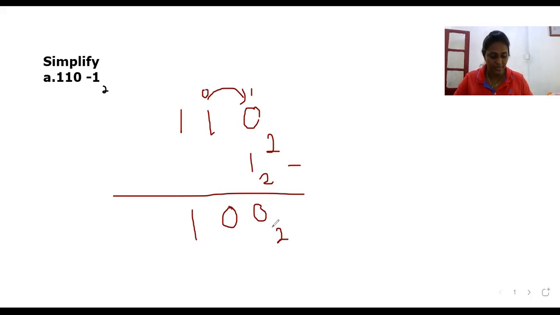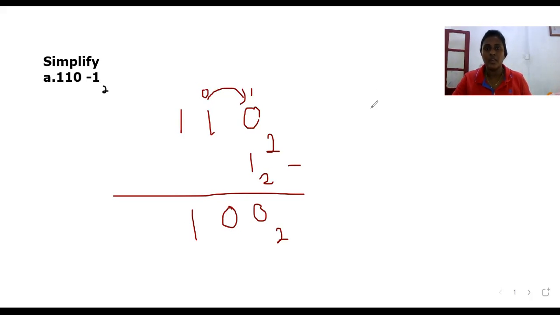They have given a separate answer on page number 24. 110 minus 1: 1 minus 1 is 0. Then here 0. Then here just remains 0. Then here 1. 100. Hope you understood this. Right.